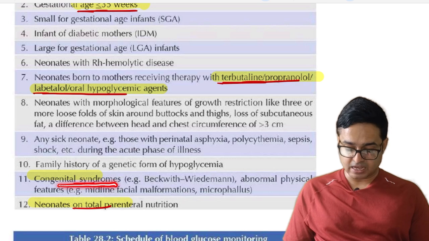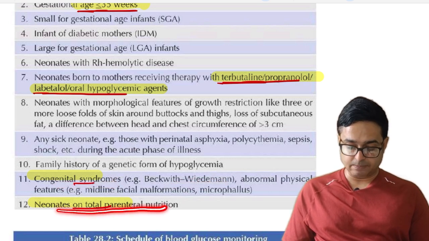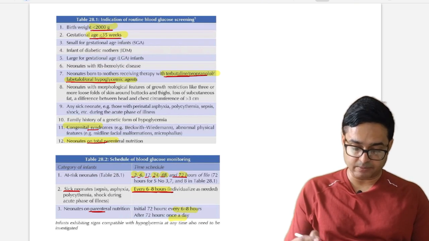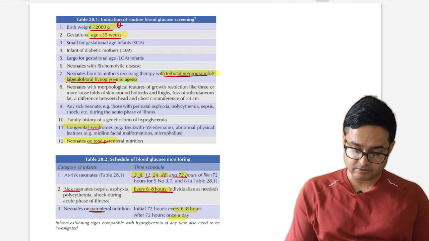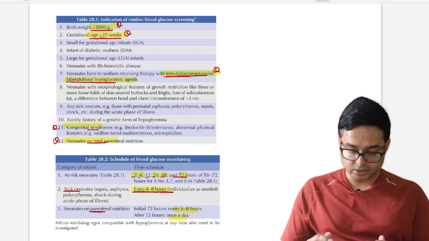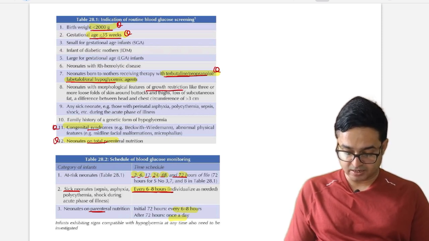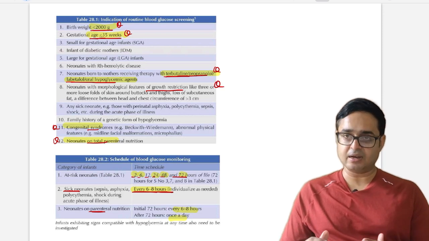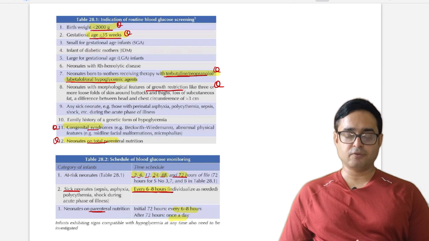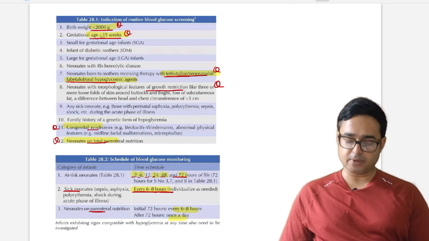Congenital syndromes like Beckwith-Wiedemann syndrome, and neonates on total parenteral nutrition. In this table, see which ones I am highlighting. These are important. Every indication is important, but these are more important. Others are self-explanatory. In these conditions, you screen the child for blood glucose.